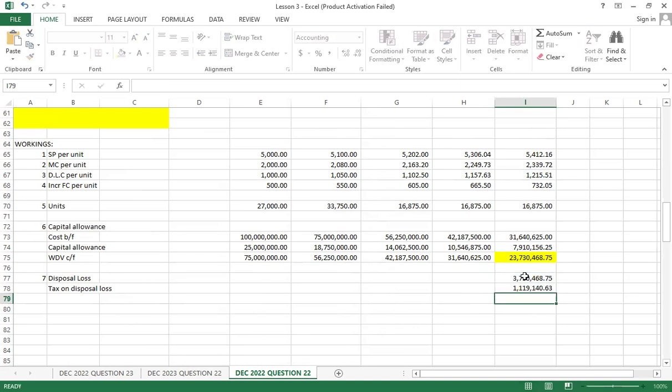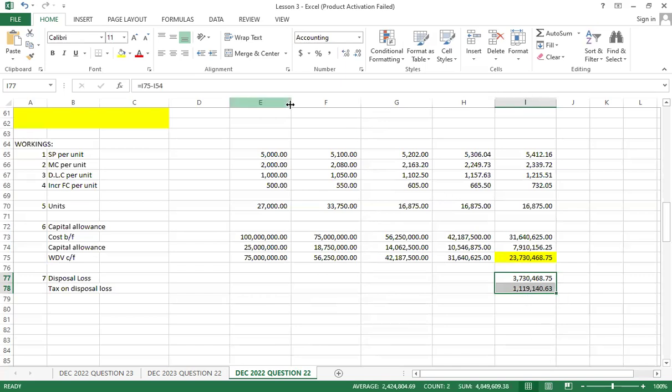And the tax on this loss will be 1.1. Ladies and gentlemen, let's agree. I am doing this under period 5. Why? Because we sell the asset in period 5. So whatever cash flow comes out of it is therefore for period 5.